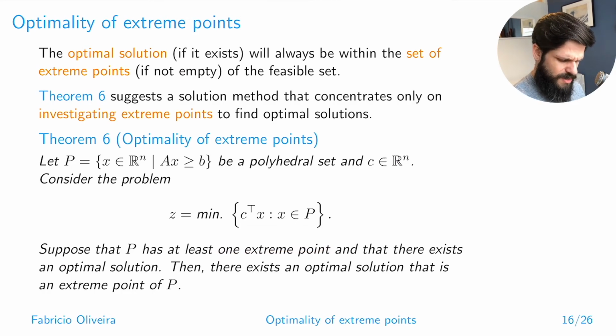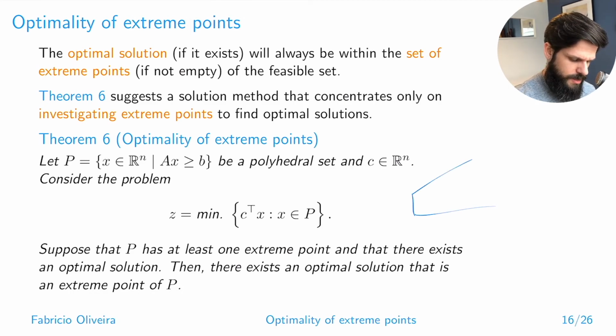By the way, it's not obvious at first, but you might have a set, say this is your set Q that I drew before. If your vector c is like that, or rather, if your minus c vector is like that because you're minimizing, so you want to go in that direction.